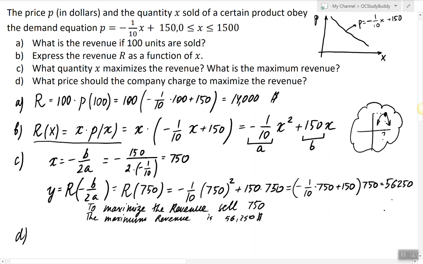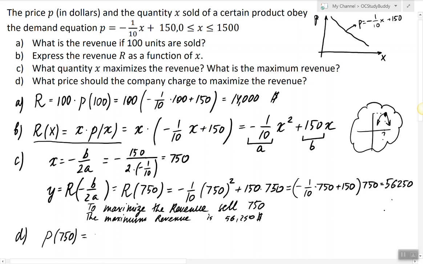And finally, to answer the question in part D, what price should the company charge to maximize the revenue? We basically need to figure out the price to sell 750 units, which is simply the value of the function p at 750.